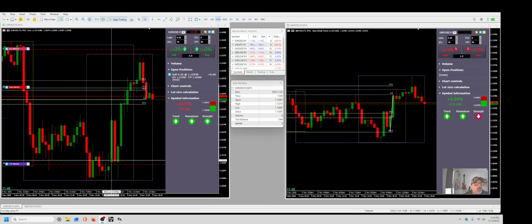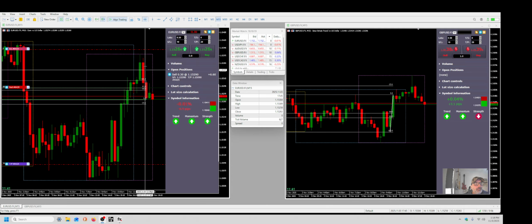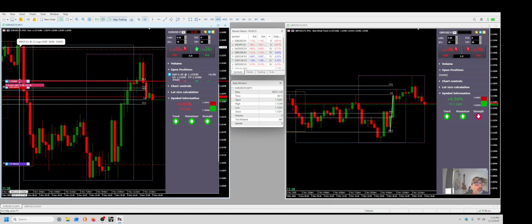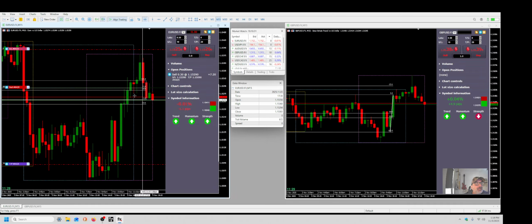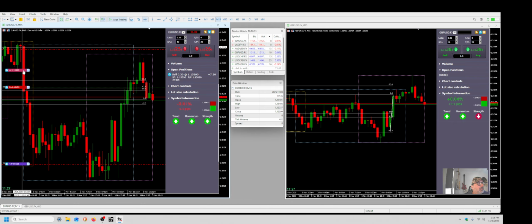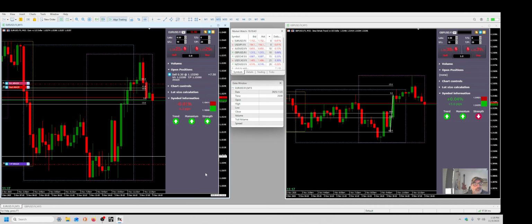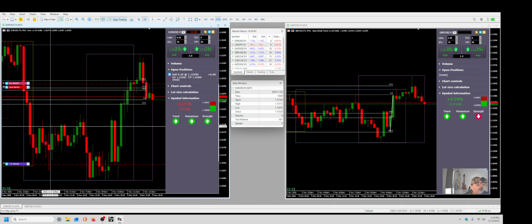All right, so basically what we'll do here is take the stop loss and move it. Let's move it to the opening, at our open. I don't know why it's not letting me do that. Okay.